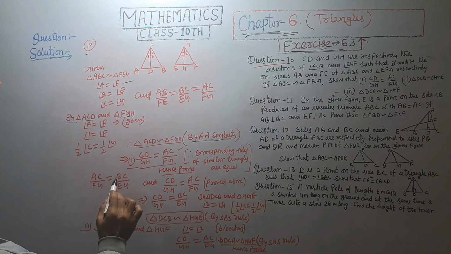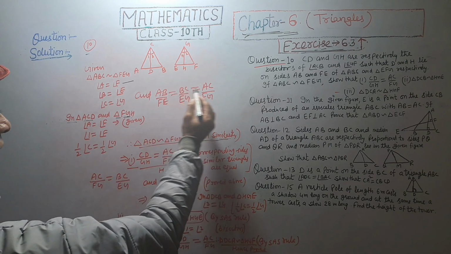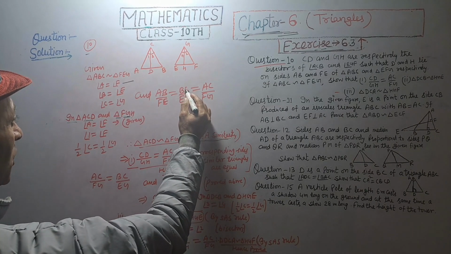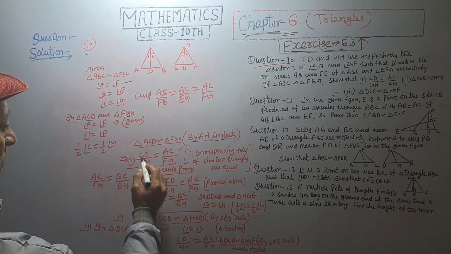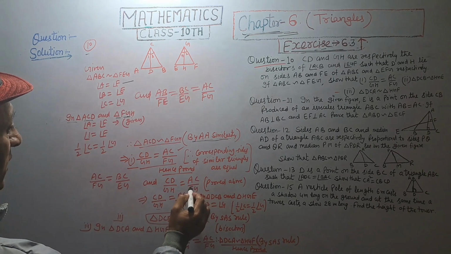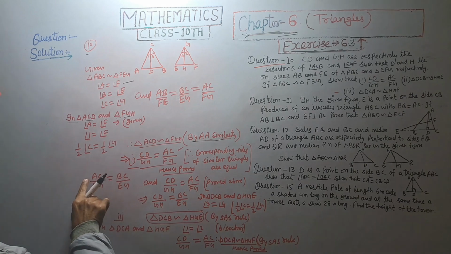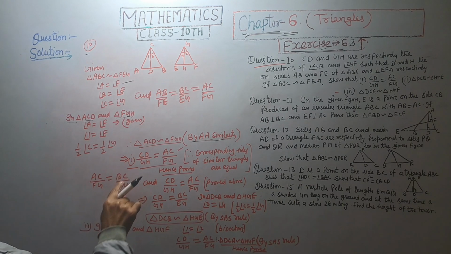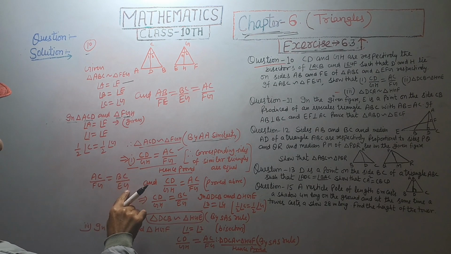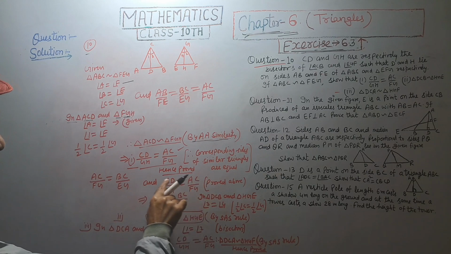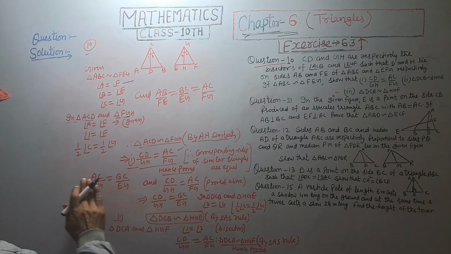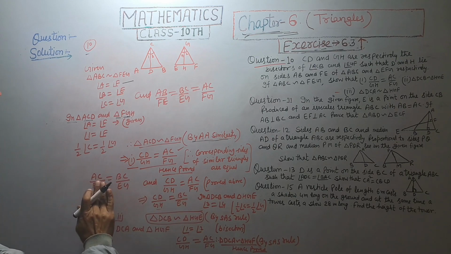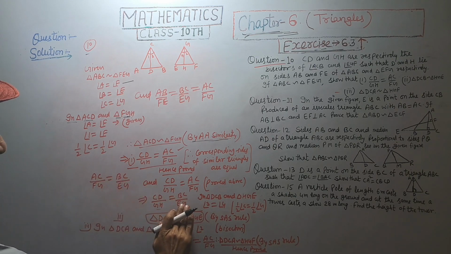AC upon FG is equal to BC upon EG, and CD upon GH equal to AC upon FG. This implies CD upon GH equal to BC upon EG.